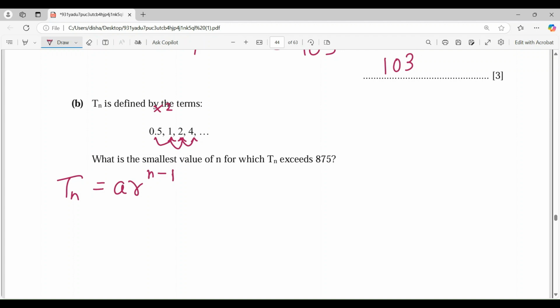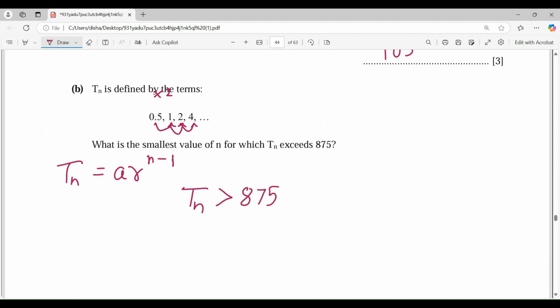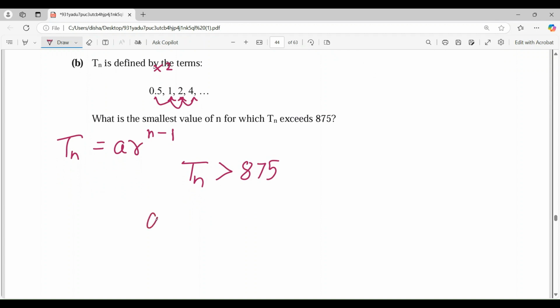Now, what is given? What is the smallest value of n for which Tn exceeds 875? So Tn is greater than 875. Let us substitute: a times r raised to n minus 1 is greater than 875. Now, what is a? The first term.